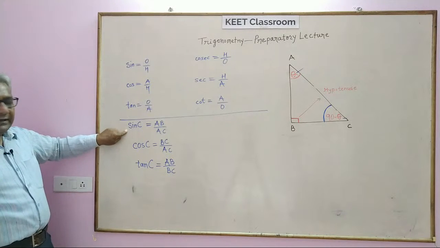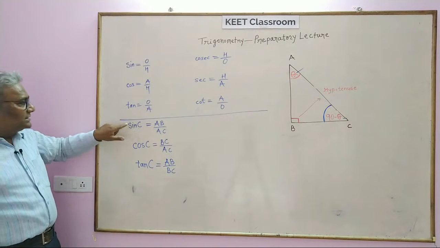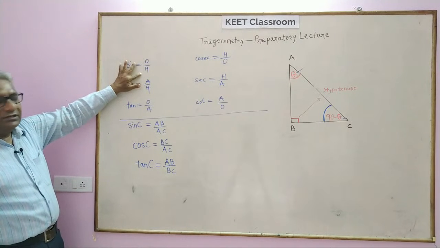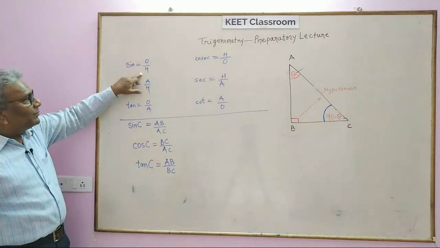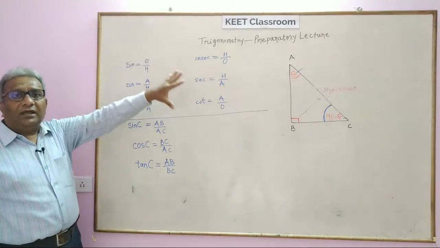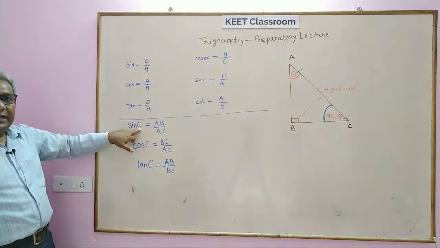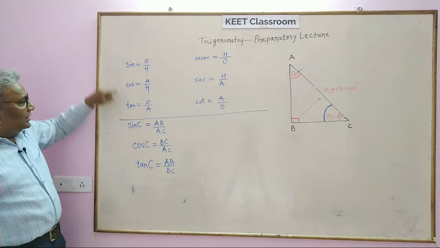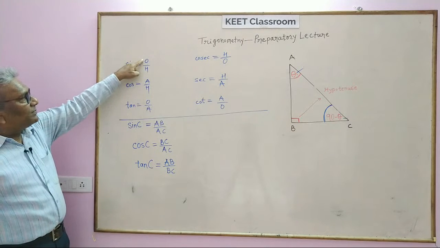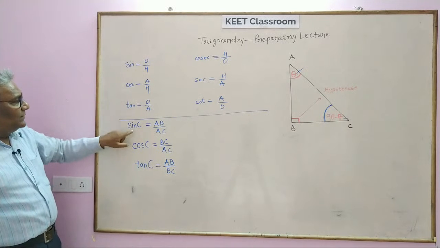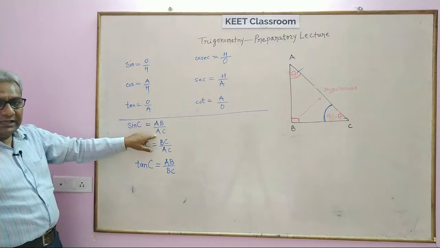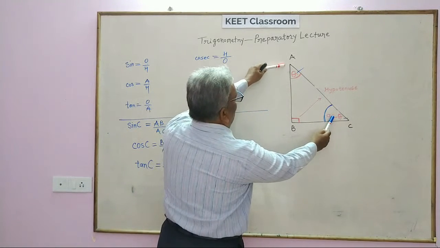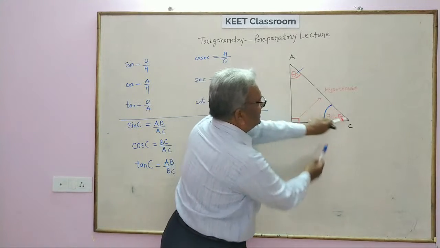Now try to understand again sine C. Sine ratio means opposite upon hypotenuse. This opposite side and hypotenuse are related to a certain angle. Here we are taking the acute angle C. So sine C means, with respect to angle C, what is the opposite side and what is the hypotenuse. Therefore sine C is taken as AB upon AC. Just check it out once more. For this angle C, your opposite side is AB and hypotenuse is AC.